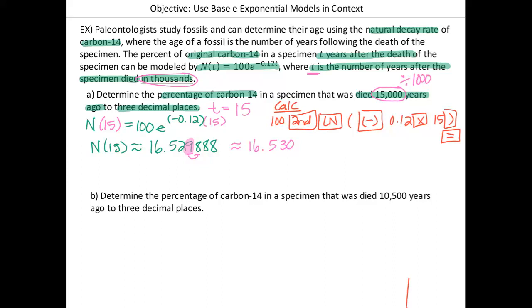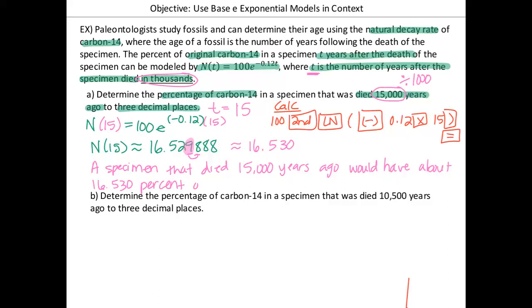So we would say, a specimen that died 15,000 years ago would have about 16.530% of carbon-14.